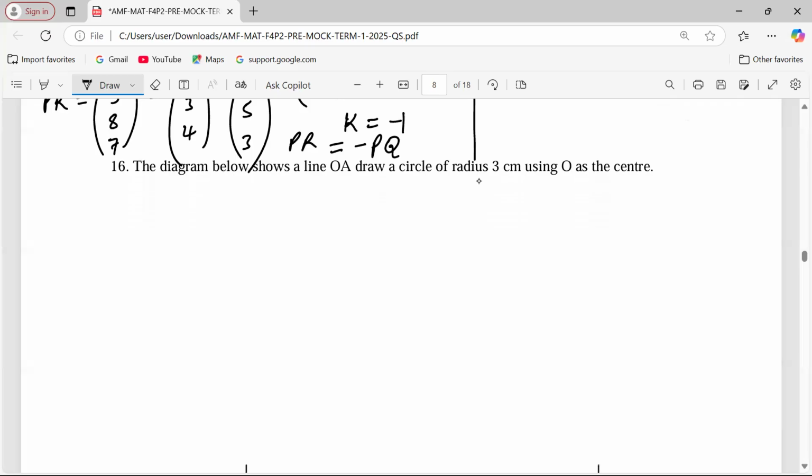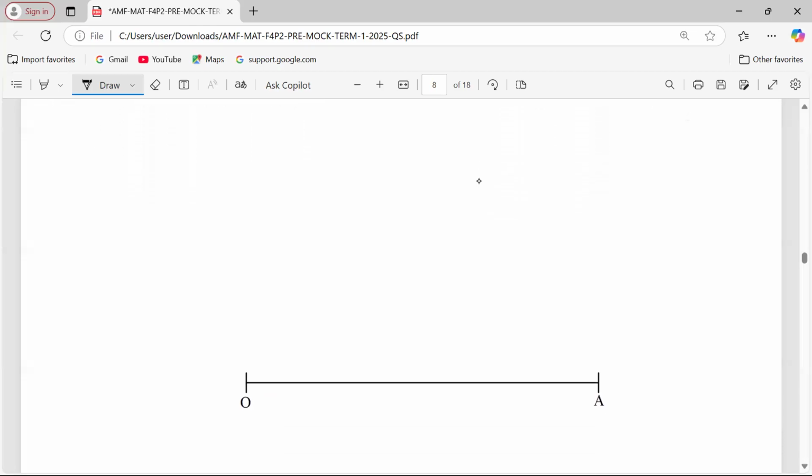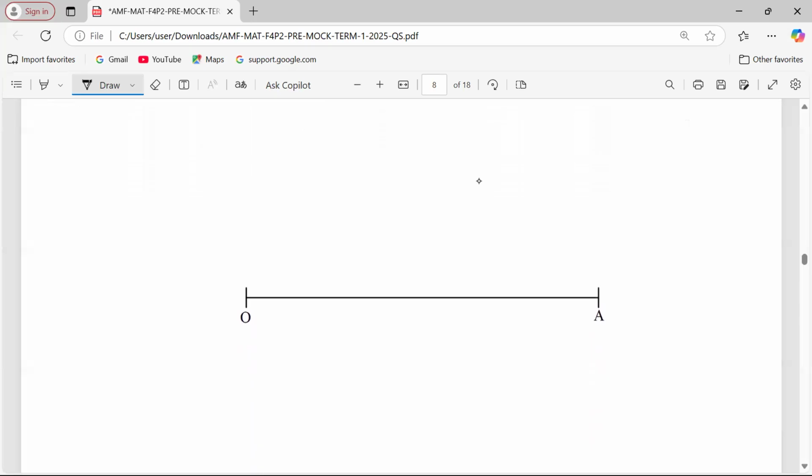The diagram below shows a line OA. Draw a circle of radius 3 centimeters using O as the center. Using O as the center, we draw a circle 3 centimeters. So we have to stand there and use 3 centimeters this way.